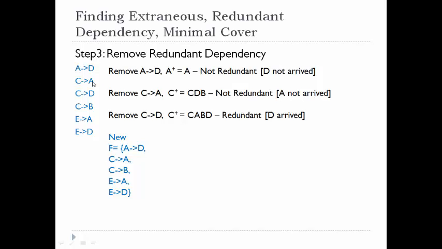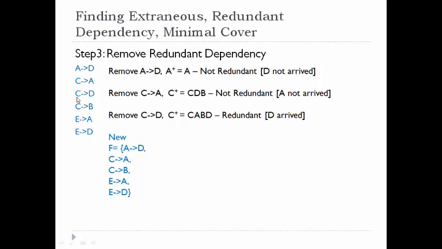Now remove C tends to A. If you remove C tends to A, it is giving C issues D and C issues B. So it is arrived with C, D, B. Since A is not arrived in this closure, this dependency C tends to A will not be a redundant dependency.